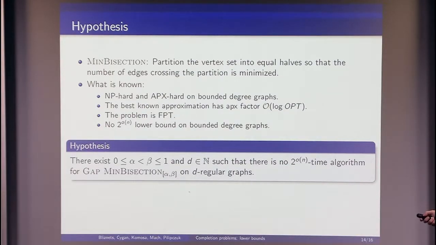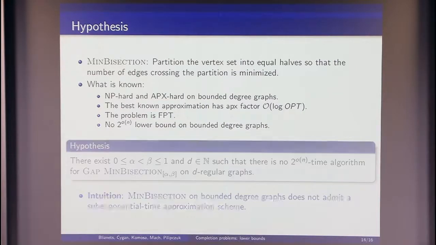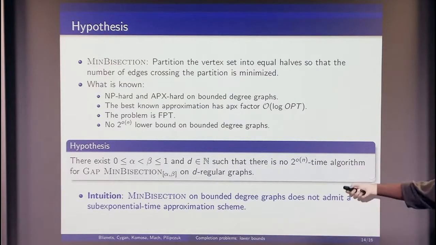For some integer d and for some gap, there is no sub-exponential algorithm for the min bisection problem. This is our assumption. So in other words, you can think of it as: for min bisection on bounded degree graphs, there is no sub-exponential time approximation scheme. Yes, this is sort of equivalent to this.